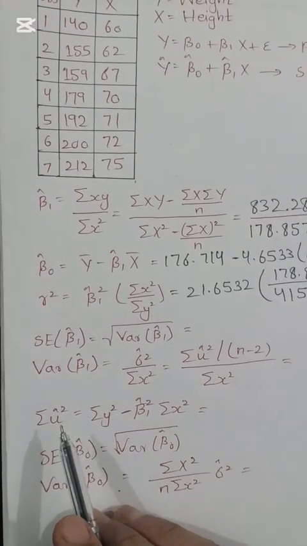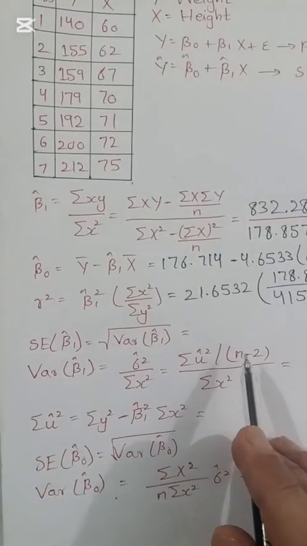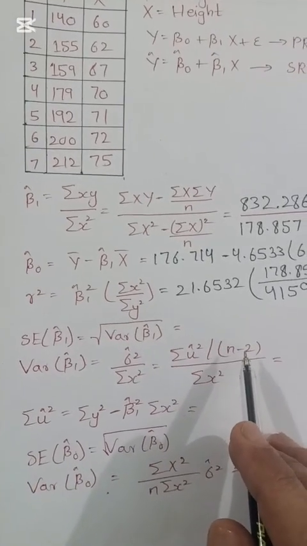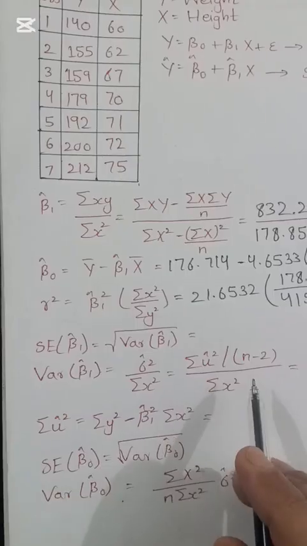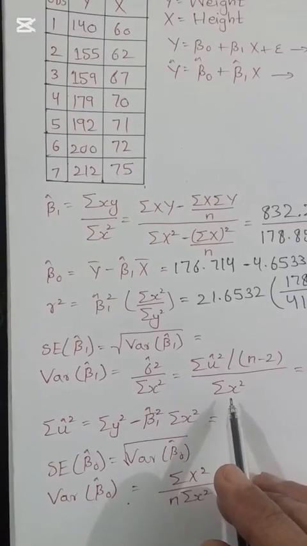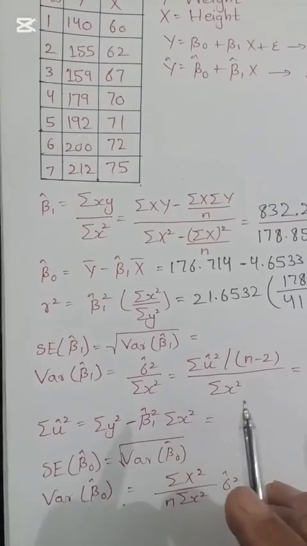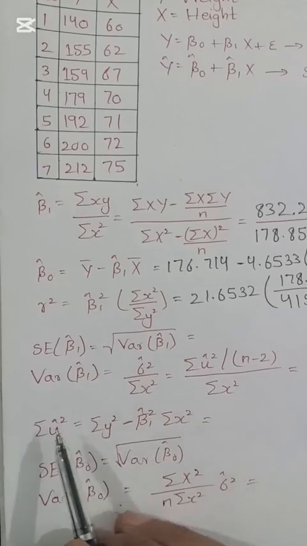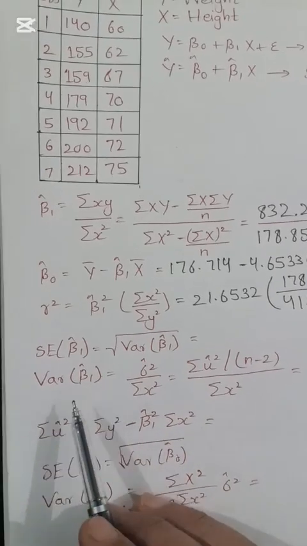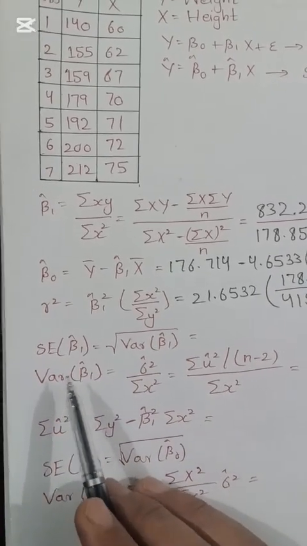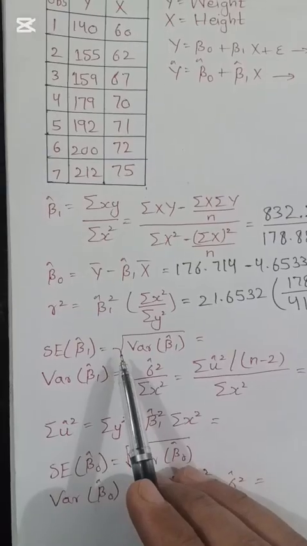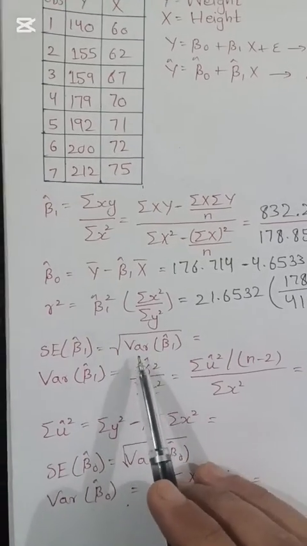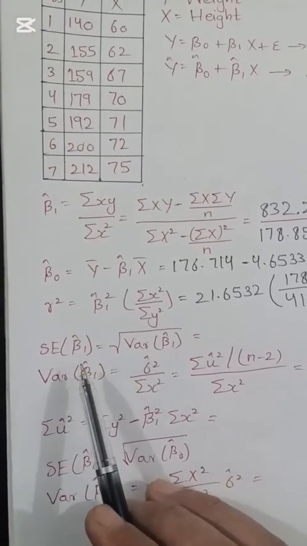After finding the sum of u hat square, you need to divide it by the degrees of freedom, which is here 5, and then divide it by the sum of small x square. You will get the variance of beta 1 hat, and after finding the variance, just take the square root of it. You will get the standard error for beta 1 hat.